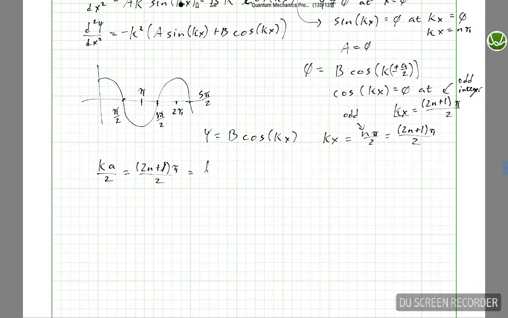Let's just call it L. So then I have k times a equals some odd integer L. Or I have k equals L, odd integer, over a.